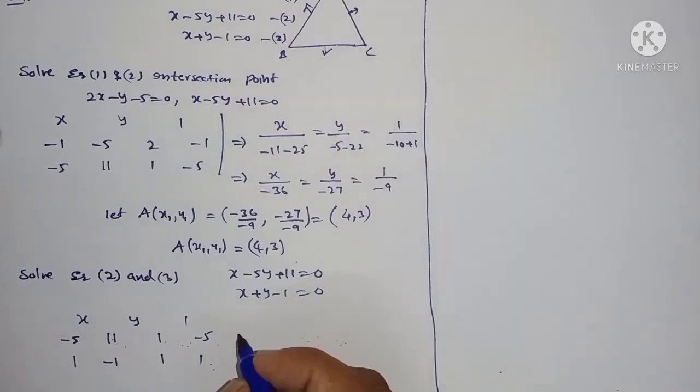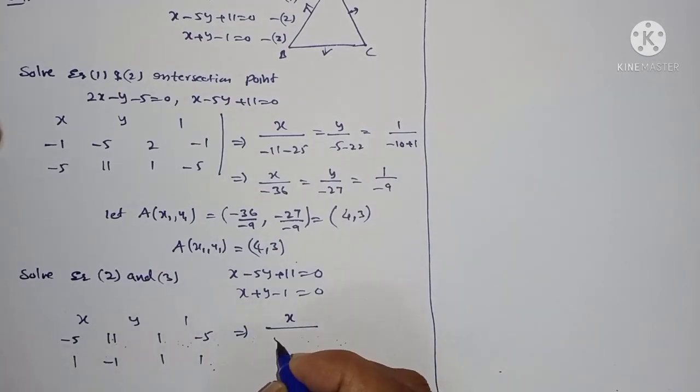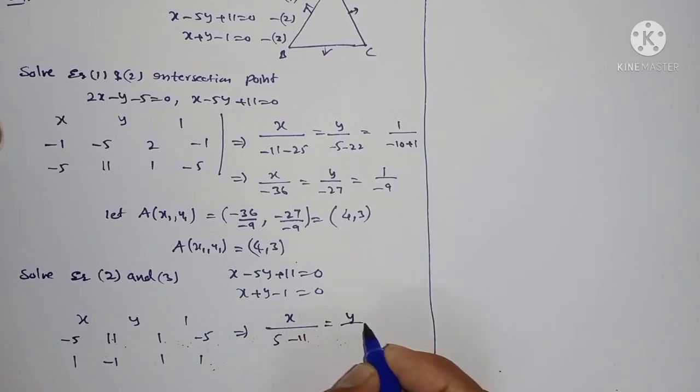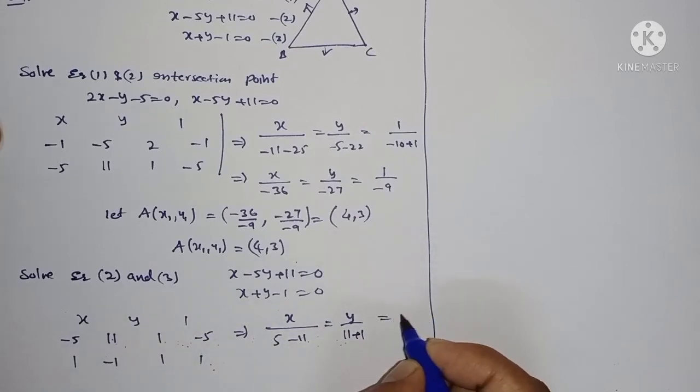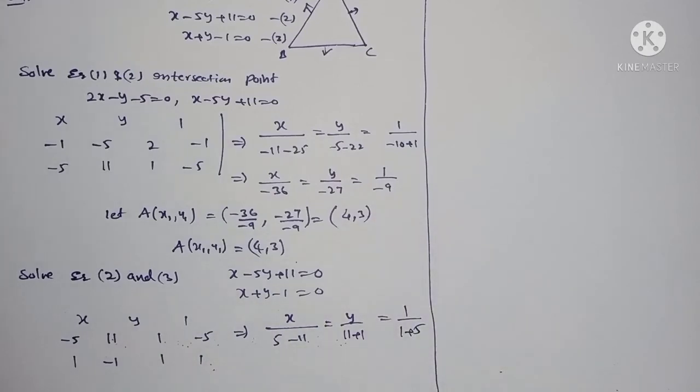Similarly x by 5 minus 11, y by tell me 11 plus 1, okay, 1 by 1 plus 5 only. Therefore you got here x by minus 6, this is y by 12, 1 by 6.